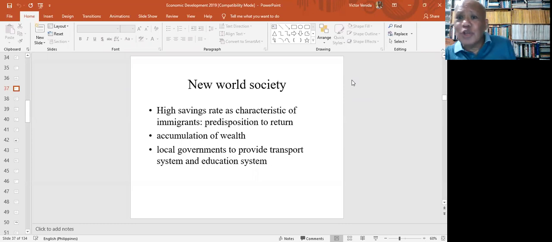in New World societies in North America, in Canada and the United States of America, there was not a strong central government from the start, but there were many well-established local governments, which was why to these local governments the households in North America and the United States of America were paying their taxes, and it's these local governments that set up the transport system and the elementary education system.